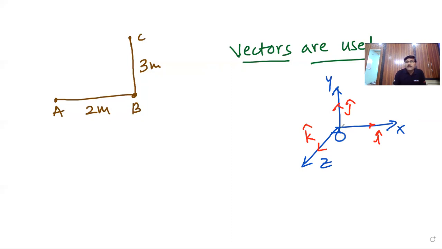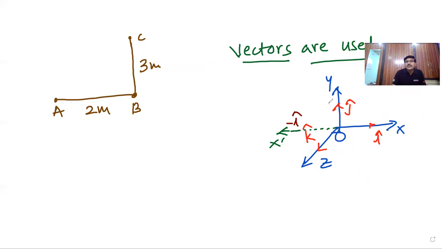If I want the unit vector along the negative side of the x-axis, the dotted lines show the negative side of the x-axis, x bar, then this becomes minus i cap. Direction is changed.